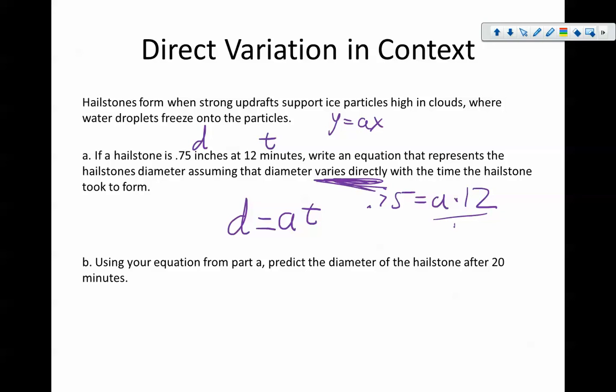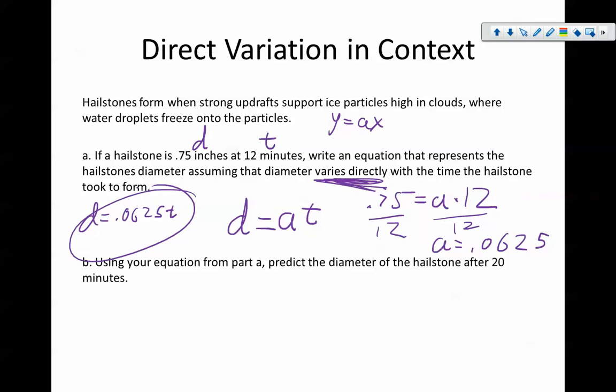So I'm going to divide both sides by 12. I got 0.75 divided by 12. I'm going to calculator that thing. That's going to be A equals 0.0625. So my equation then is D equals 0.0625 T. And that's my direct variation equation.